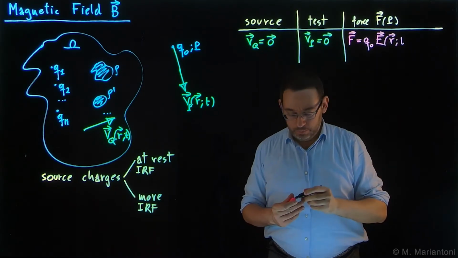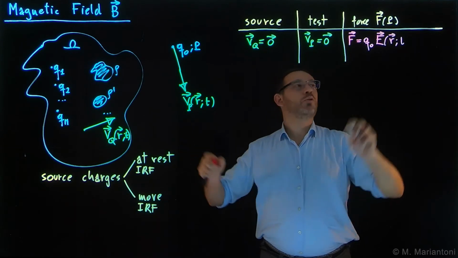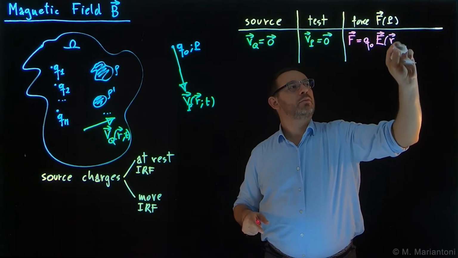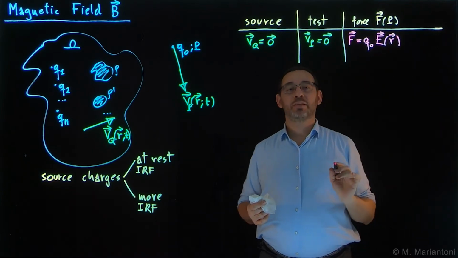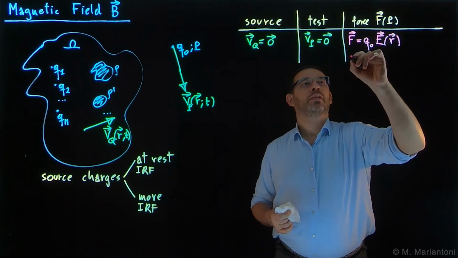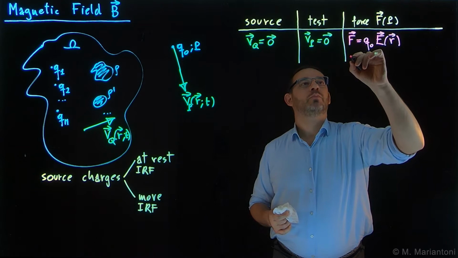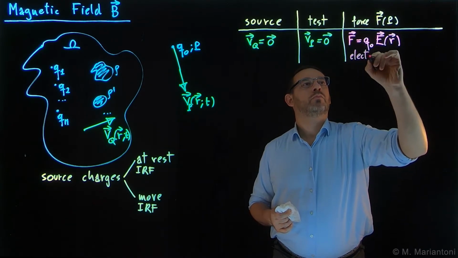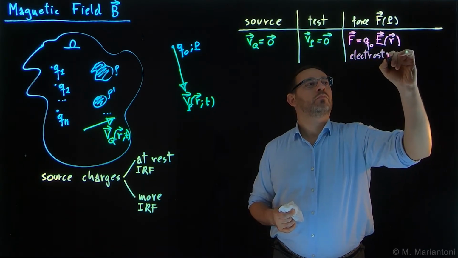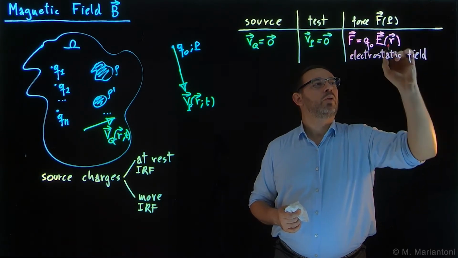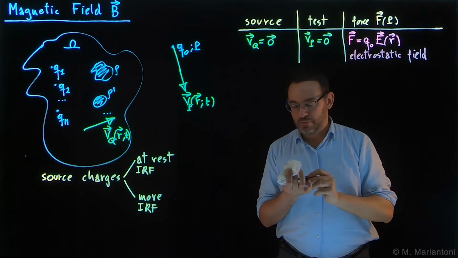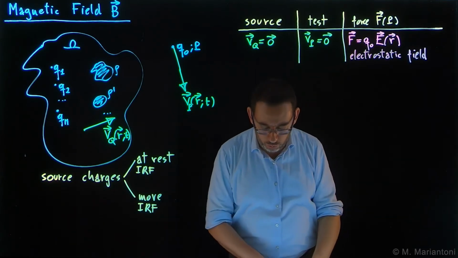And in this case, since everything is not moving, there is no time dependence. It's just the usual E at r which we encountered up until now. So this one is the electrostatic field, no time dependence whatsoever. Same as all we've done up until now.